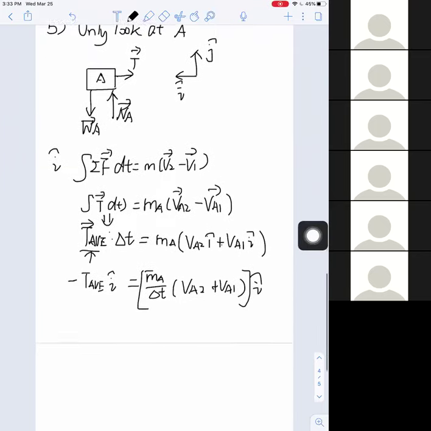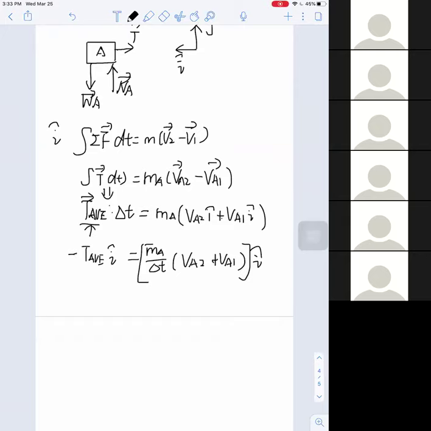If we plug in VA2 in this expression, then we're able to find T. T average as a vector can be written as mA over delta T times mB over mA plus mB times VB/A, in the negative I direction.